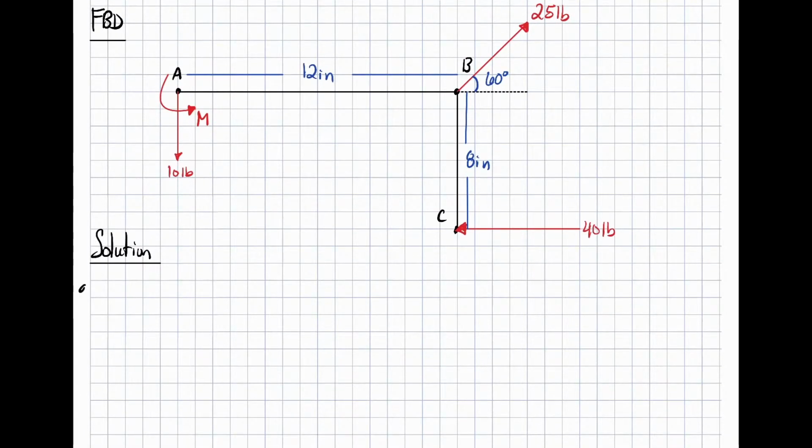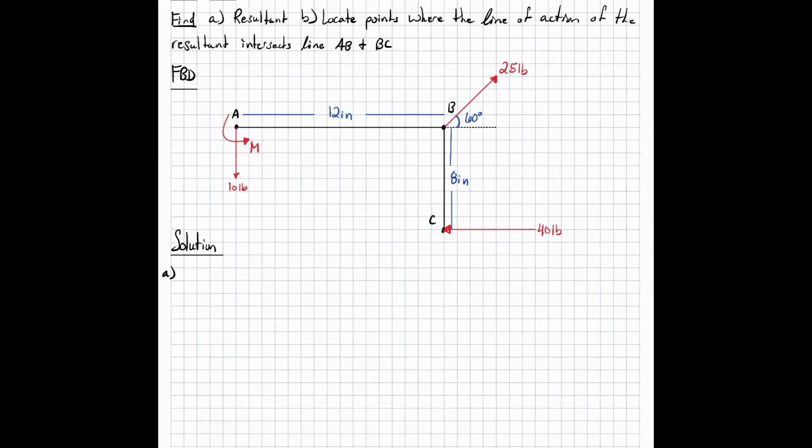So for part A, let's find the resultant. To do that, we're going to take the sum of forces in the x direction equal to 0, positive to the right. We have negative 40 pounds plus 25 cosine of 60 is equal to 0.